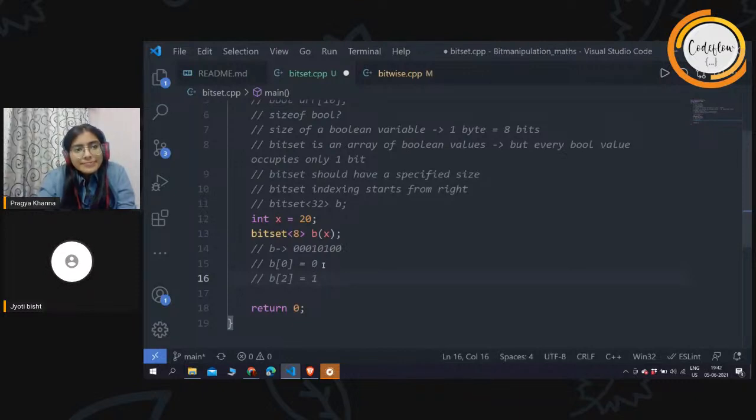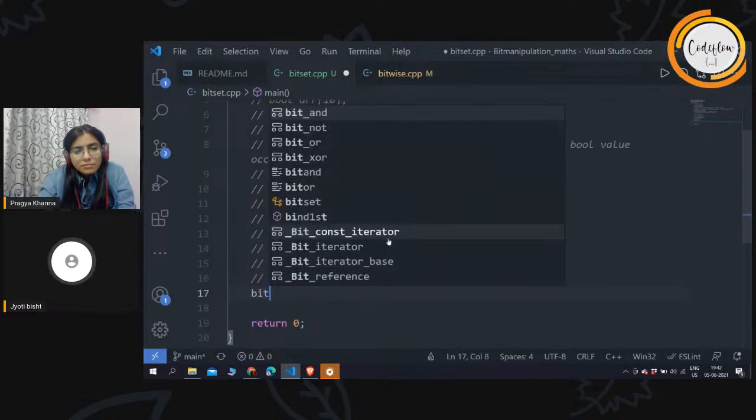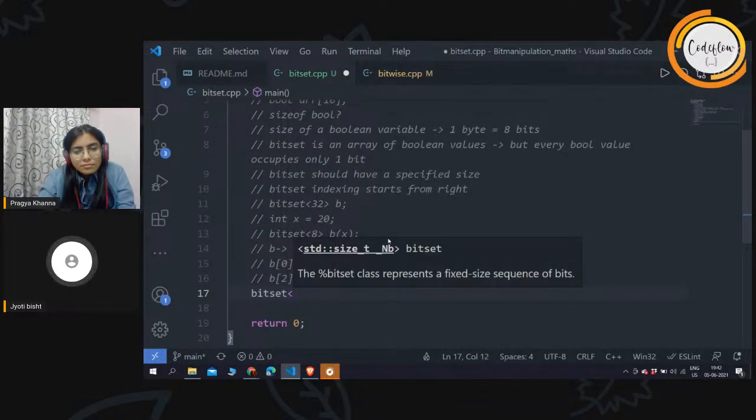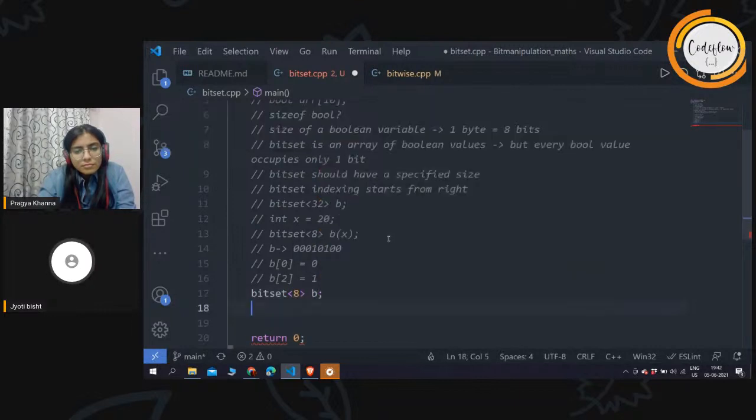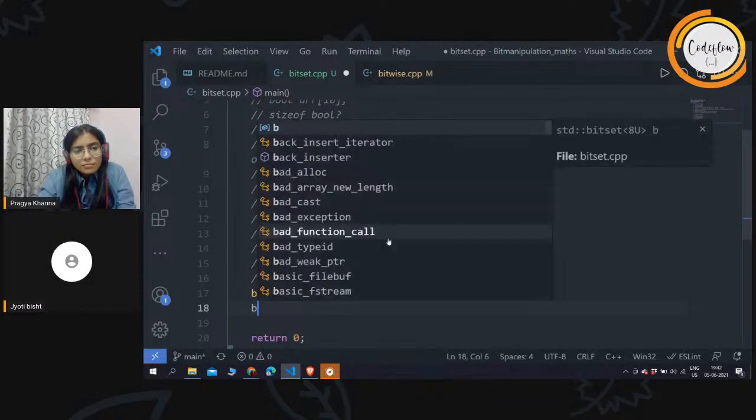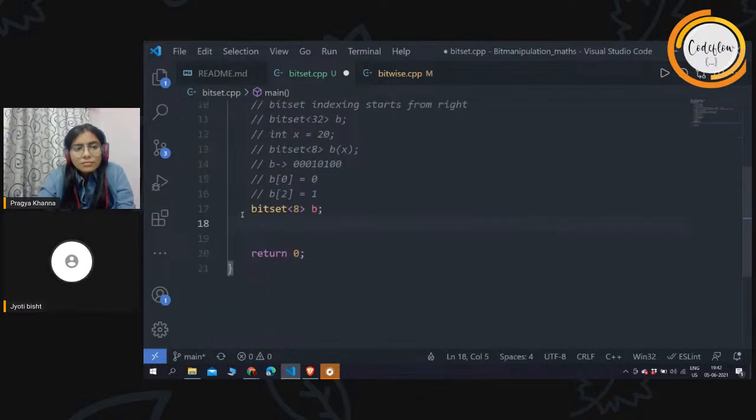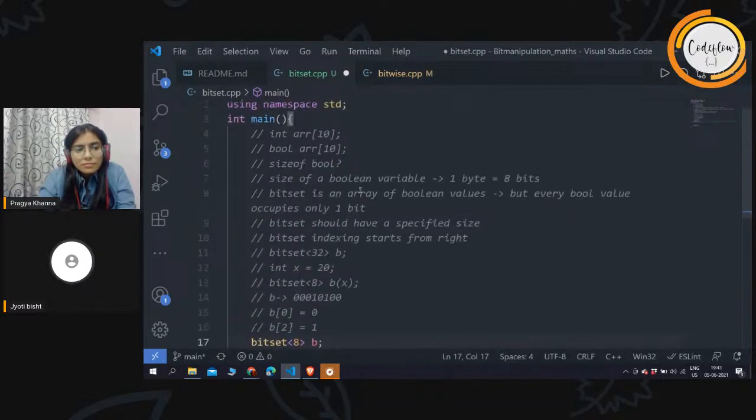Okay, so similarly, if you want to set any index, if I have some bitset of this size, and I want to set the bit at an index. By default, I haven't stored anything in it, so by default the value of a bitset is zero.